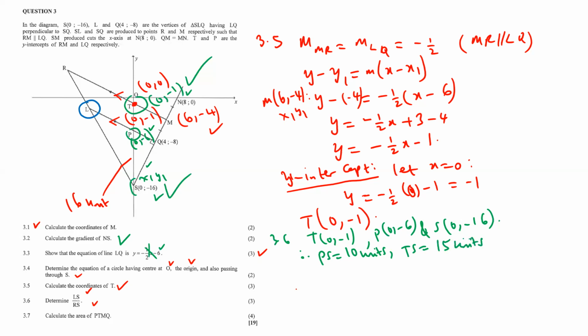Now it means we can find LS over RS. What is LS over RS? LS is equal to PS over TS.